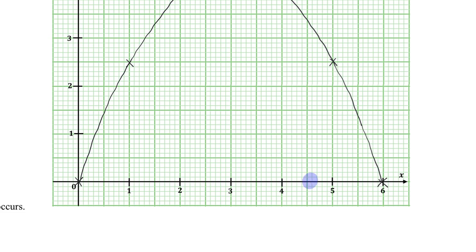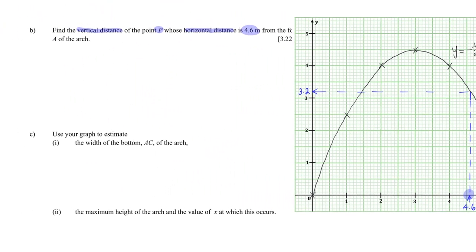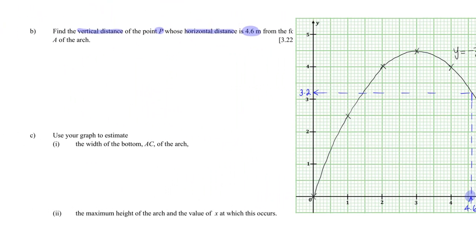That's where the 4.6 meter is, and at this point, what could be the answer? 3.2. Okay, and therefore the answer here is simply 3.2 meters.